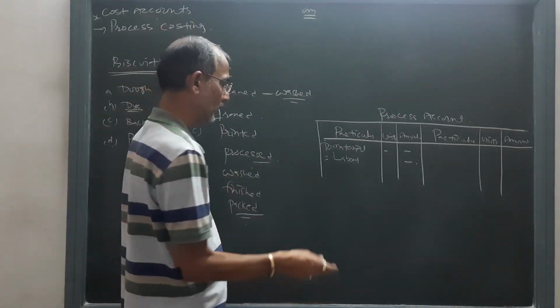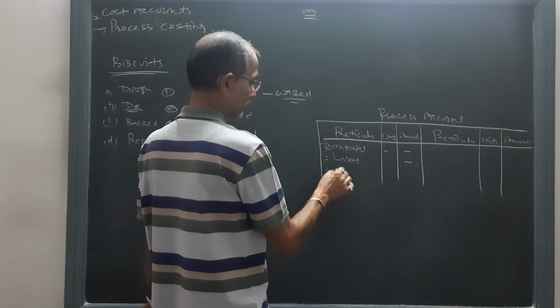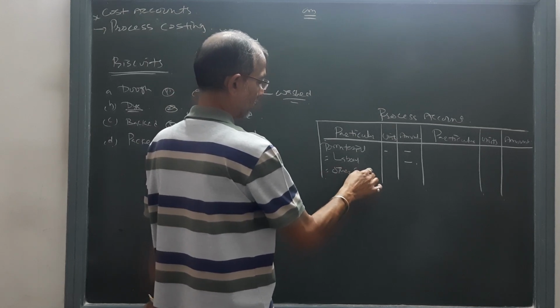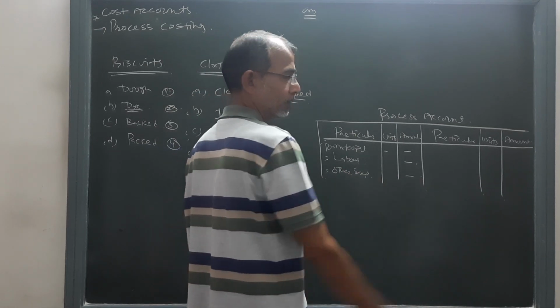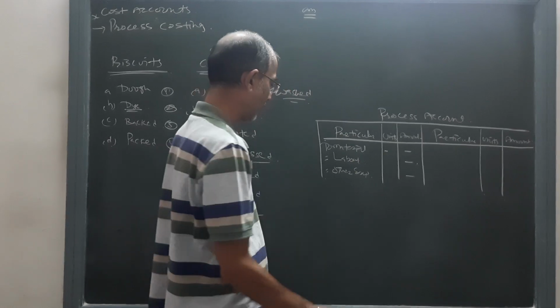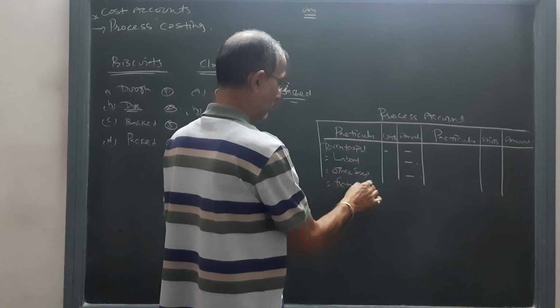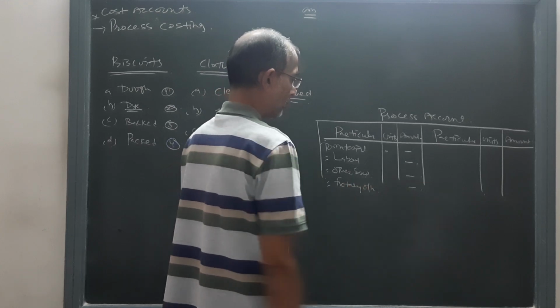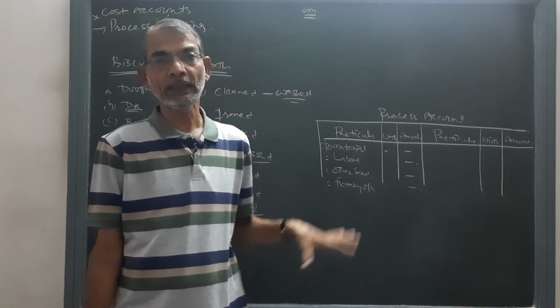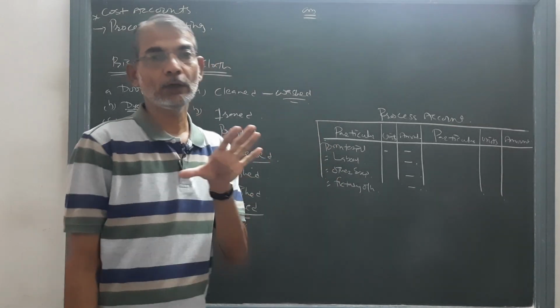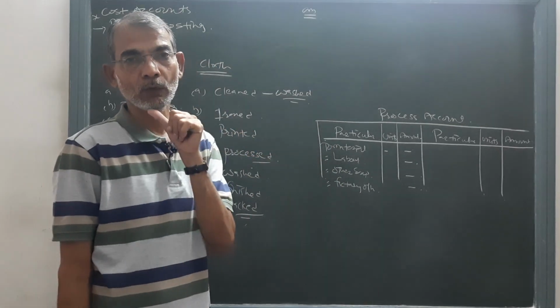Then other direct expenses or other expenses we may write. Then factory overheads. So these 4 to 5 things come to the debit side of the process account.